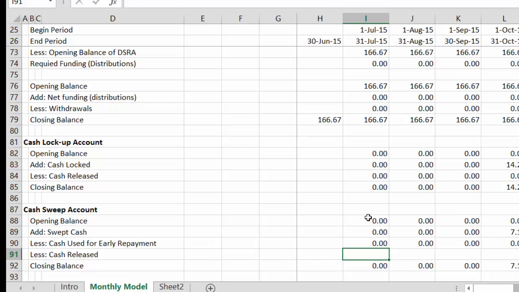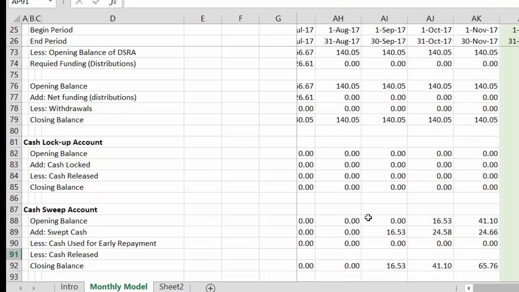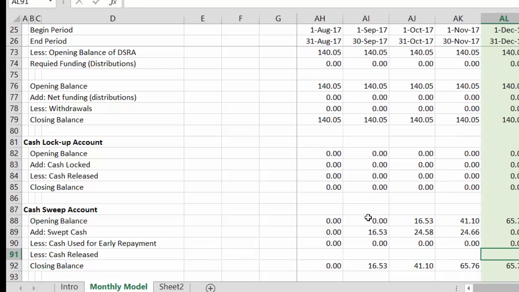Now what we can do in the very last one is to say, well, in this particular case here, we still have 65 left over. So what we need to do is just take this cash away, and we need to let this cash flow into the cash flow waterfall.